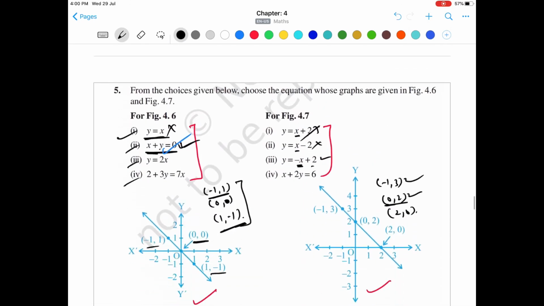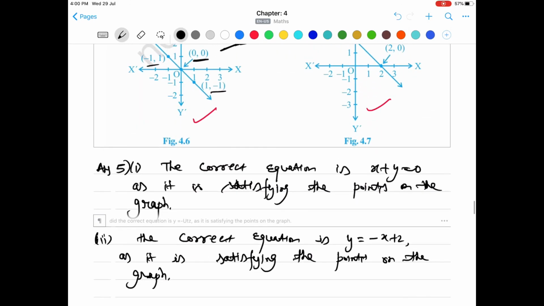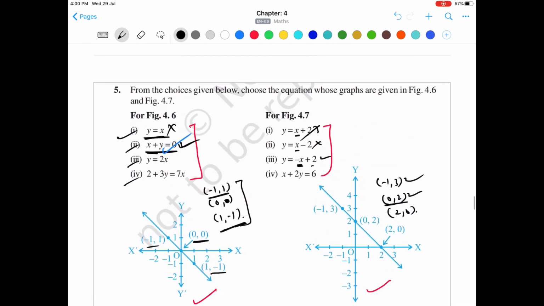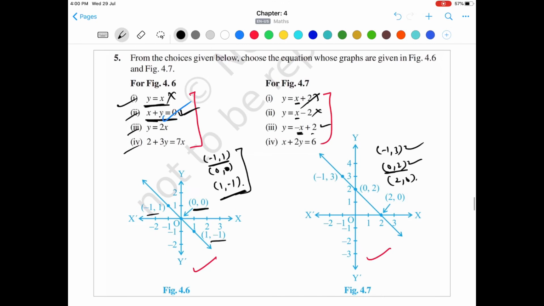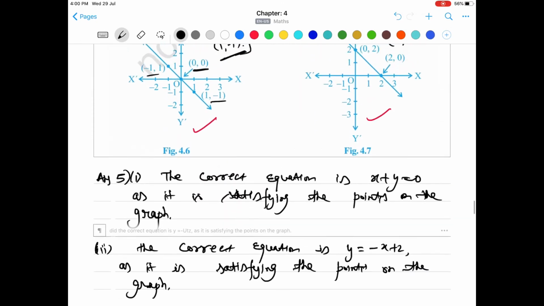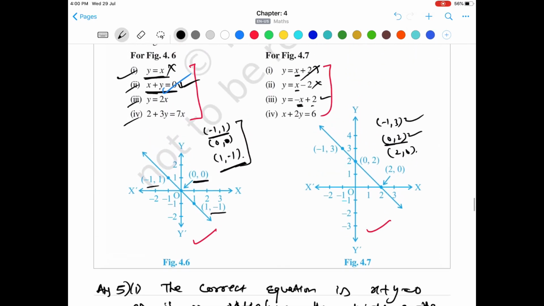Okay, so that is the solution of question number 5.